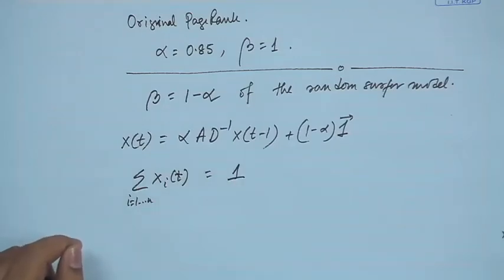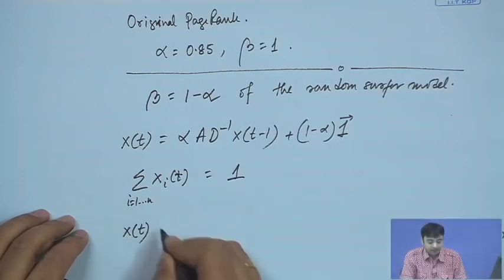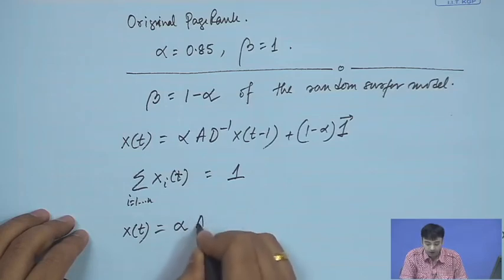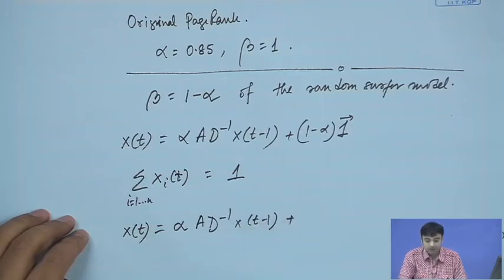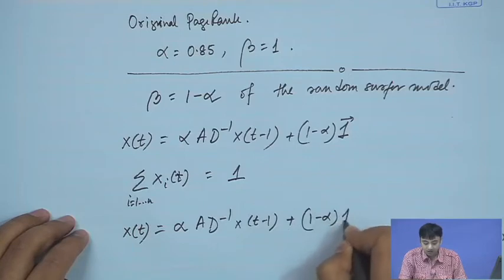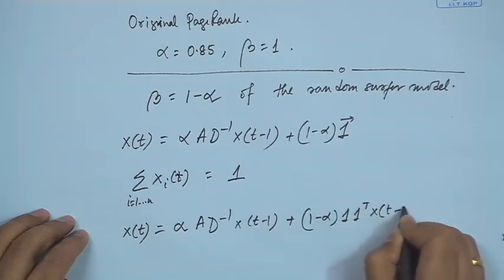So given this, what can we write? We can rewrite the expression for xt as xt is equal to alpha A D inverse x t minus 1, and we play a small trick here, plus 1 minus alpha into 1 1 transpose x t minus 1.